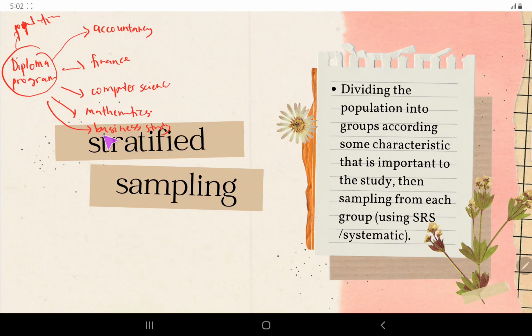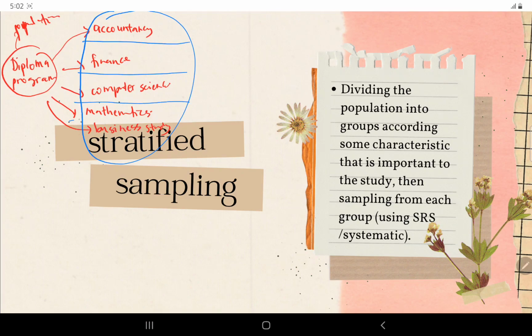Okay, and our population is divided into subgroup. Okay, these are our subgroup, which is called as strata. Okay, then from each group, we randomly select element from each group.